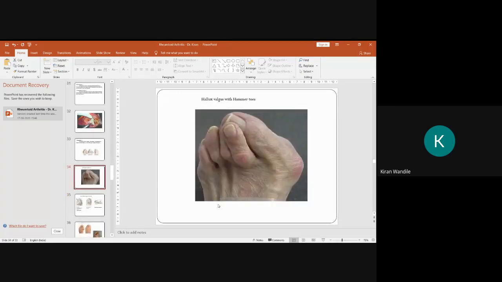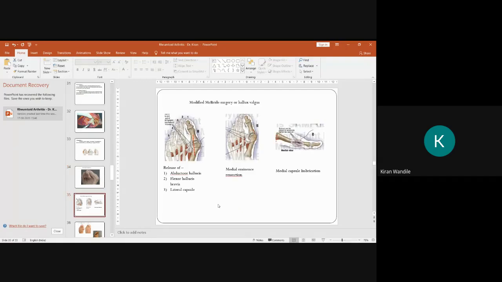So this is a hallux valgus, and the second toe is a hammer toe. Both deformities are seen in the foot in rheumatoid arthritis, hallux valgus and hammer toe. This surgery is performed for the correction of hallux valgus. It is called the modified McBride surgery.